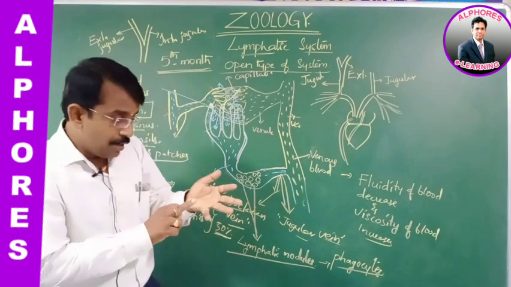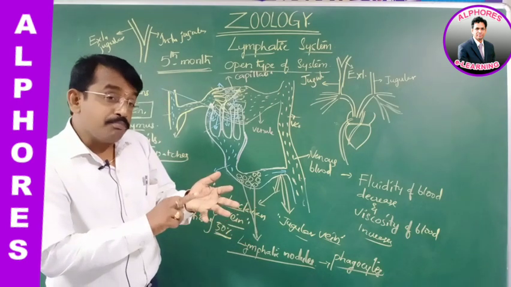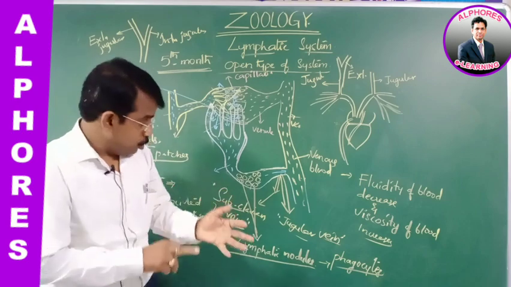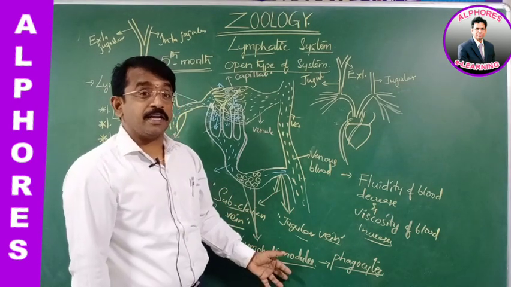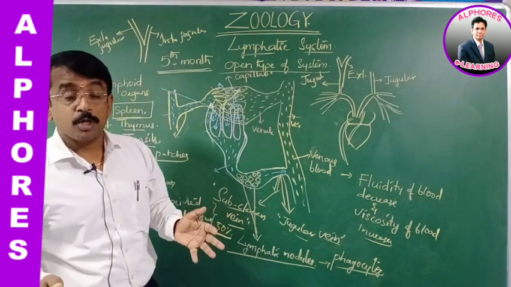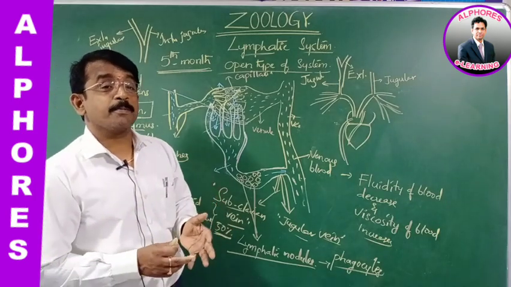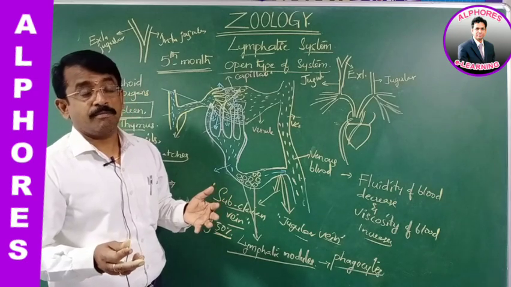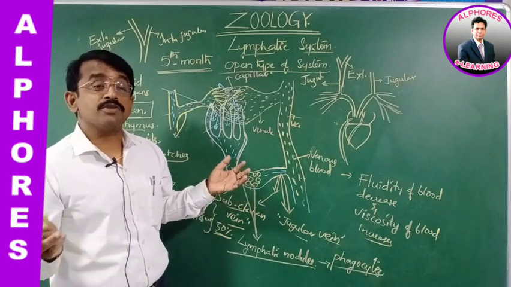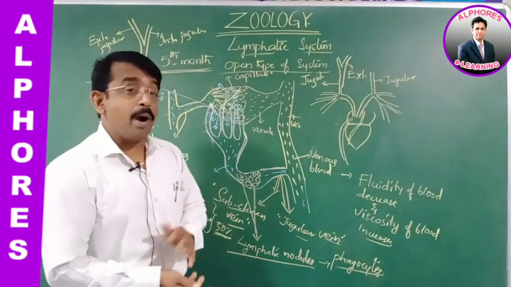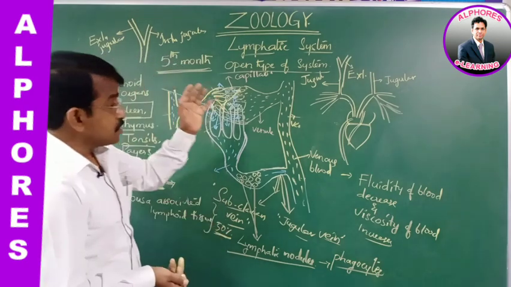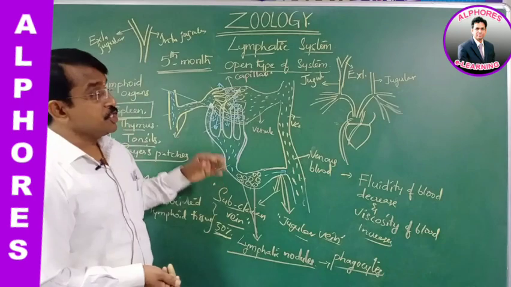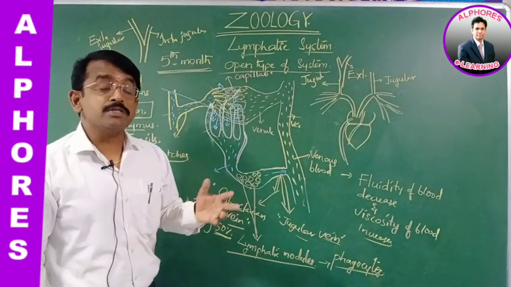So one, the absorbed nutrients, called the fat. Two, the phagocytes it contains, so it protects the body, and even the hormones, enzymes and antibodies. How antibodies? We have discussed the lymphoid organ spleen, which produces the lymphocytes.